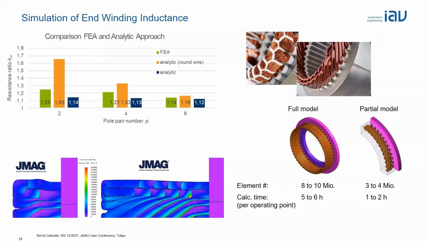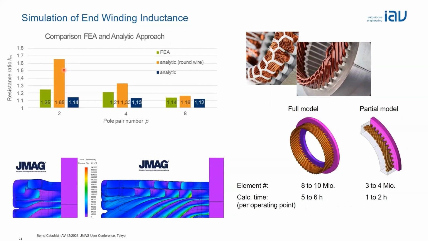It depends, of course, on the electric motor you are looking at. As you see on the comparison here on the left part, it can be quite close, like here with a pole pair number of 8, but it can be off by a factor of 2 or more with other combinations.